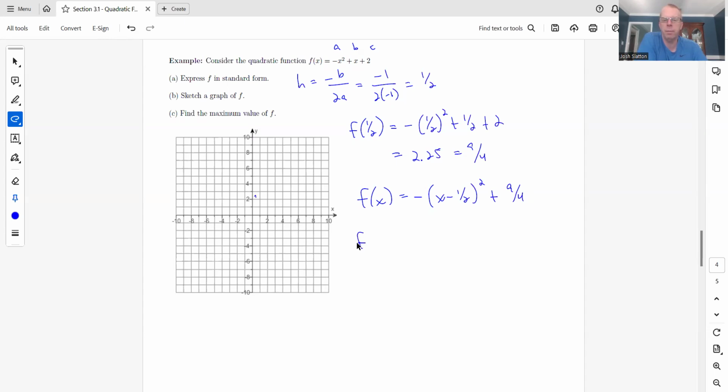Let's find f of -2. That'd be -2 squared minus 2 plus 2. These two cancel out. That'd be 4, so that'd be -4. So -2, -4. Now you have to be a little bit careful going out the same distance, so let's just pick another point. Let's pick f of 2. You can always just pick 2 points.